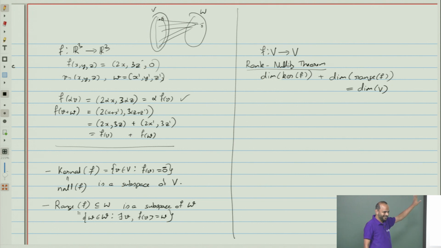Okay. Right, it is not an on-to function, I agree, it is a many-one function. It will not get all the values in R3; the output only takes values where the z coordinate is equal to 0, yeah.